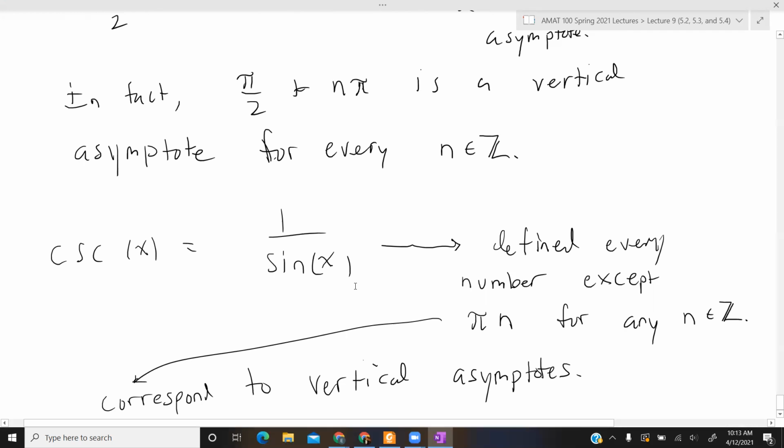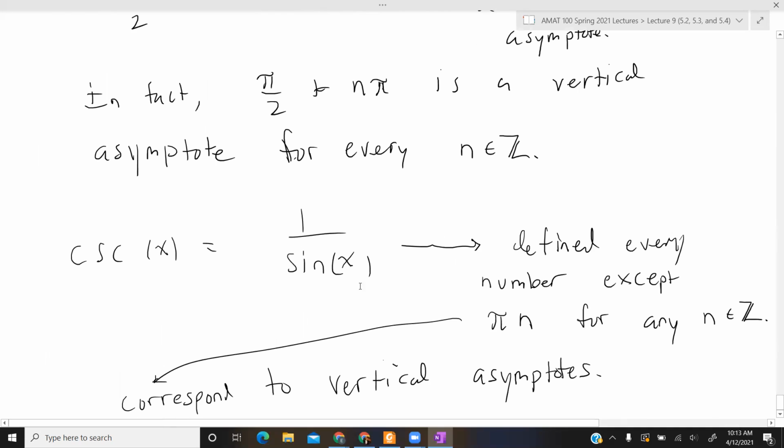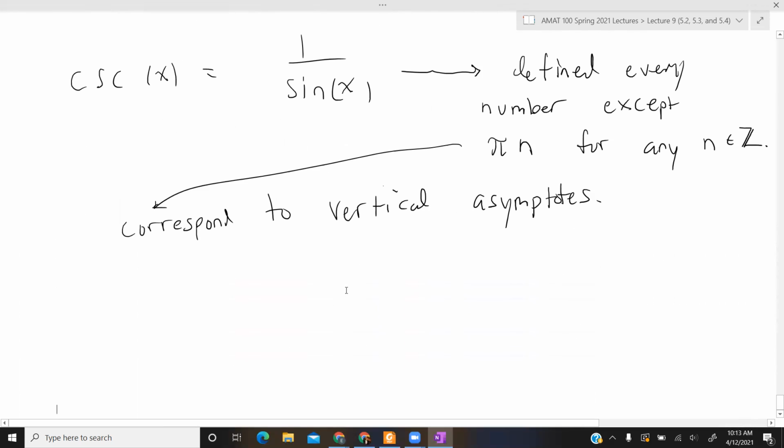And so 1 over that number is going to be large. So our cosecant is getting big as x or t approaches pi. It's going to get larger and larger and larger.